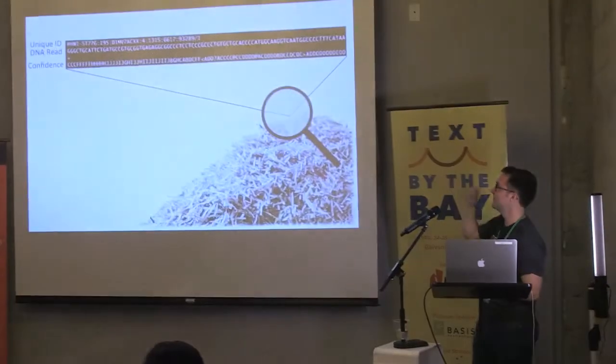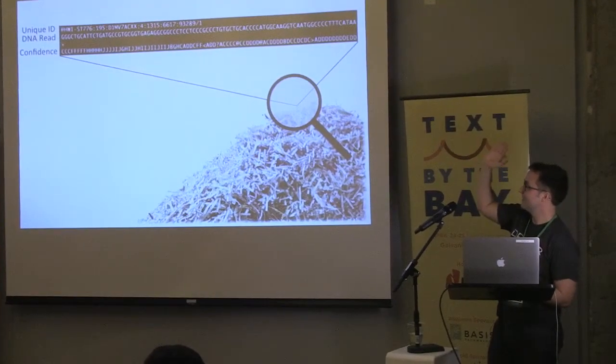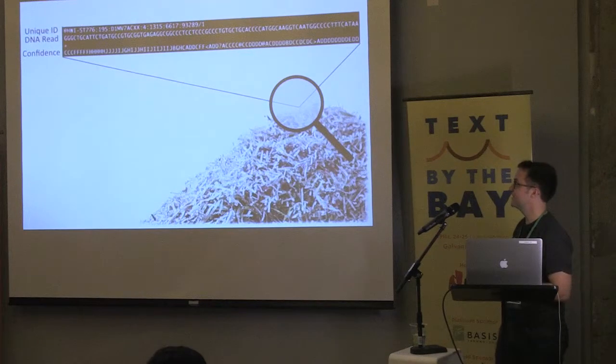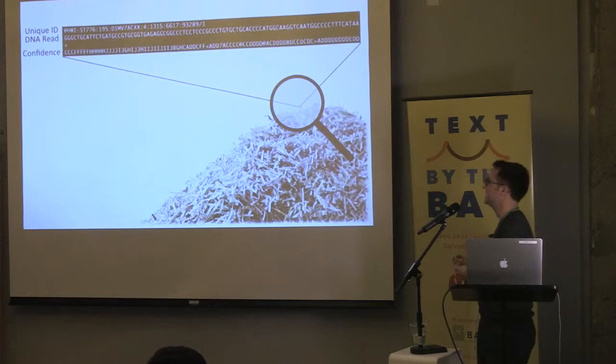So what does this look like? Let's zoom into one of these little fragments in this big pile here. It looks like this. You've got a little unique identifier that just tells you what that sequence is and where it existed in the imaging software that found it.